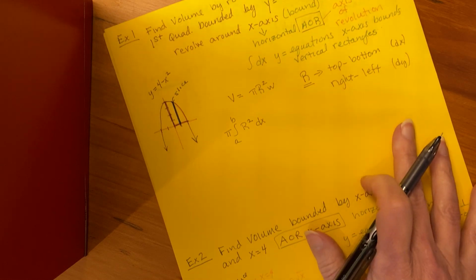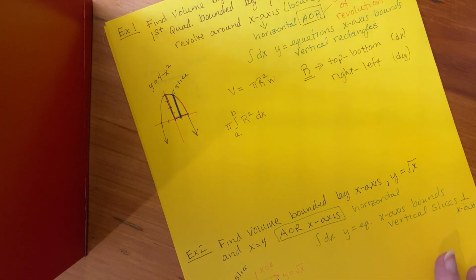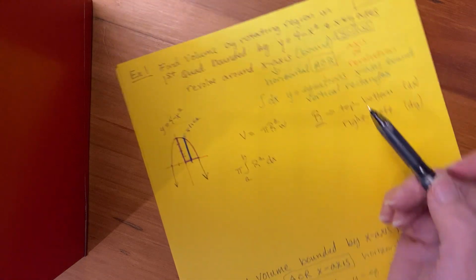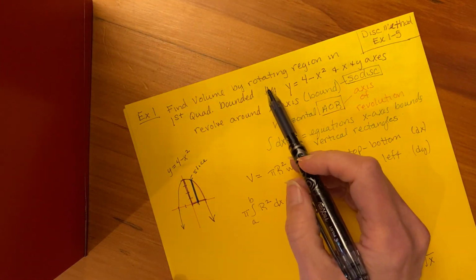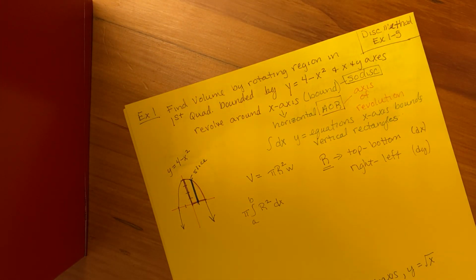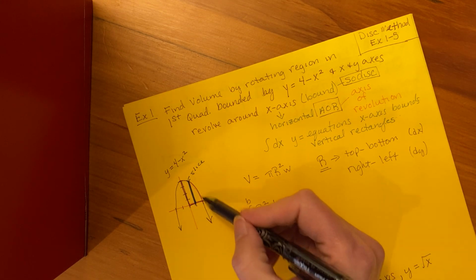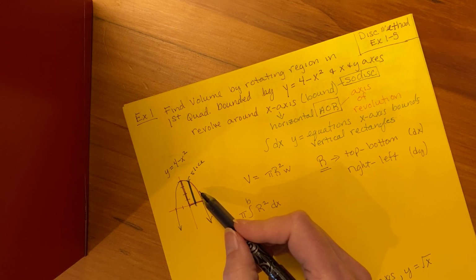So here we go. Let's try to do the first example here, which says find the volume by rotating the region bounded in the first quadrant. Okay, so I've got to stay in the first quadrant.